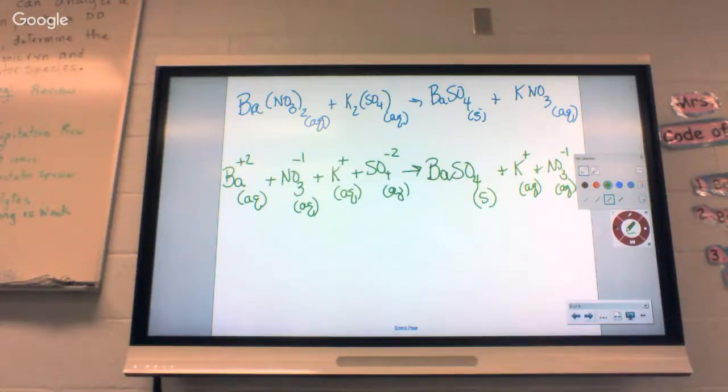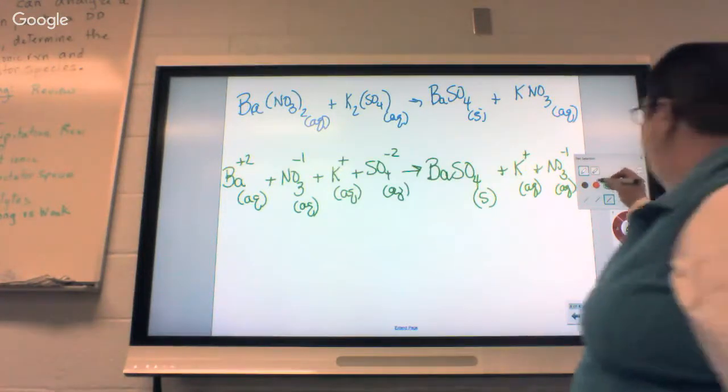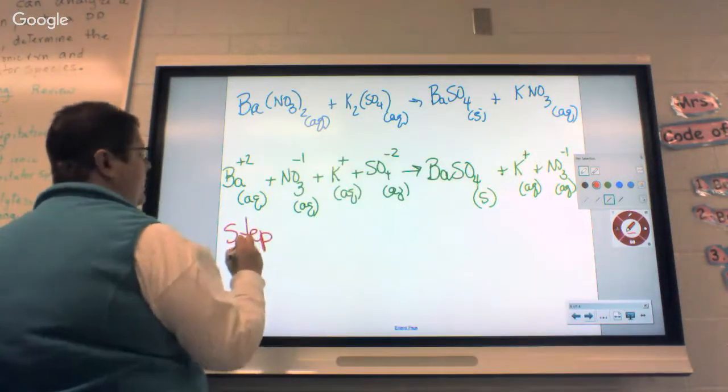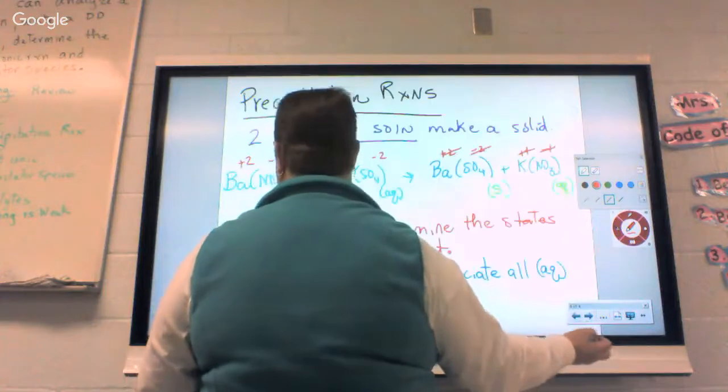All right, so the last two things we need are the spectators and the net. So the spectators are the easiest one to do next, except for number 3.